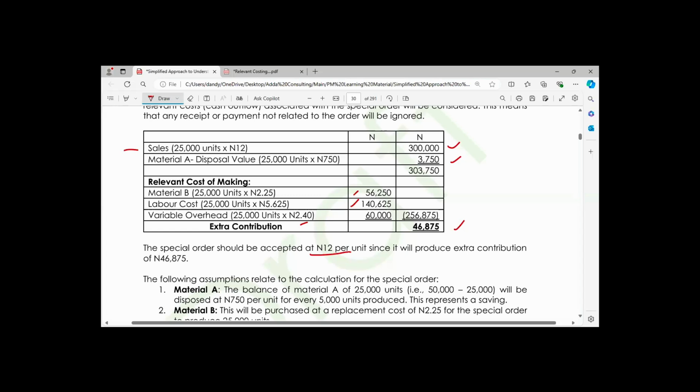And generally, the price from the special order is usually lower than the company's normal market price. So all of these things we are going to discuss when we get to short-term decisions in details, including the qualitative factors and the quantitative factors as it has to do with acceptance or rejection of a special order.